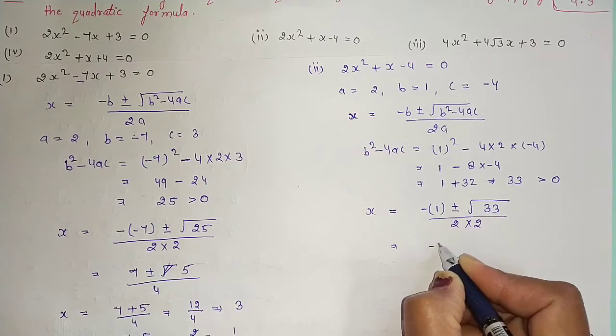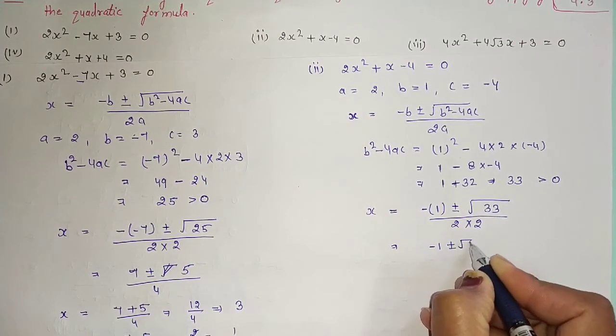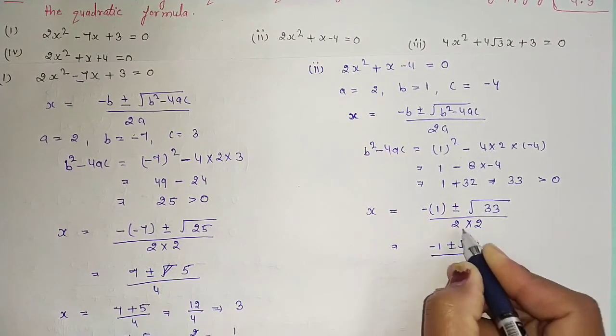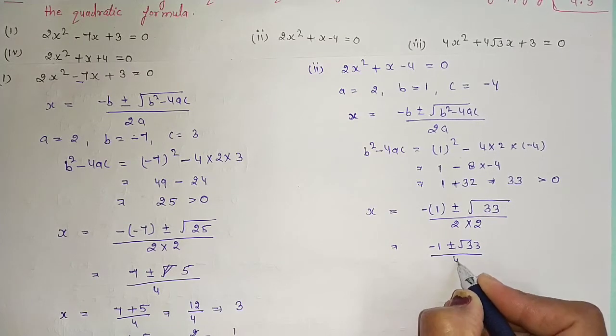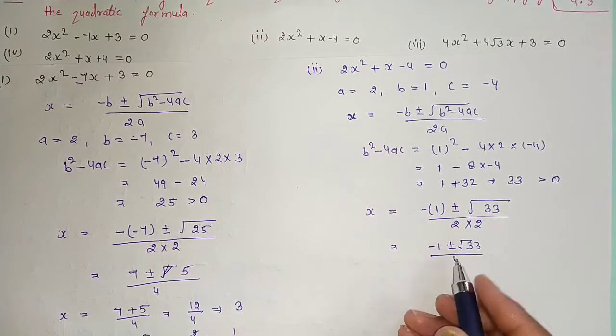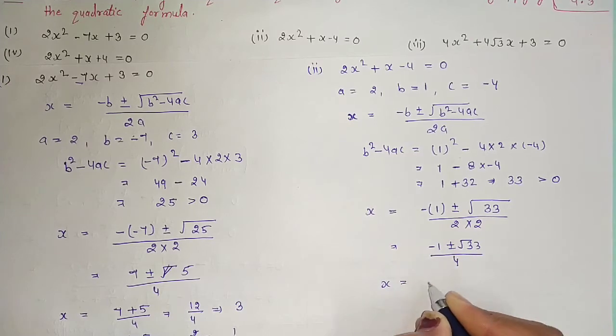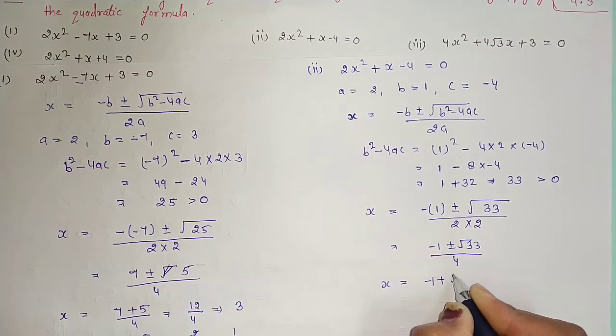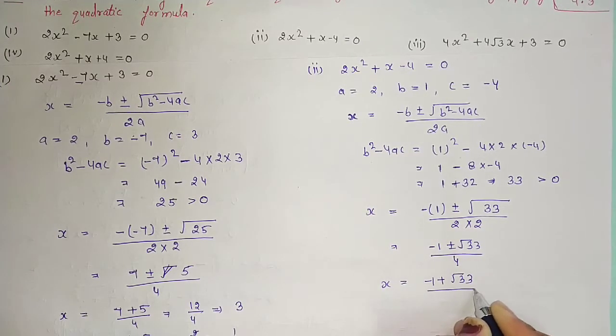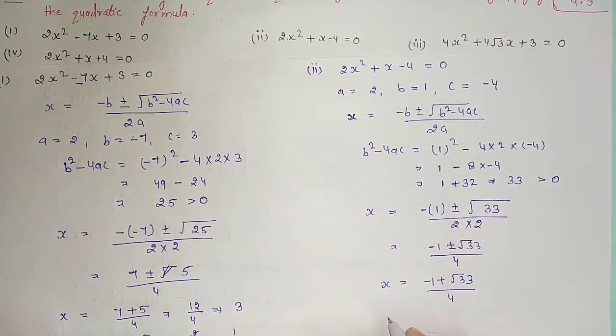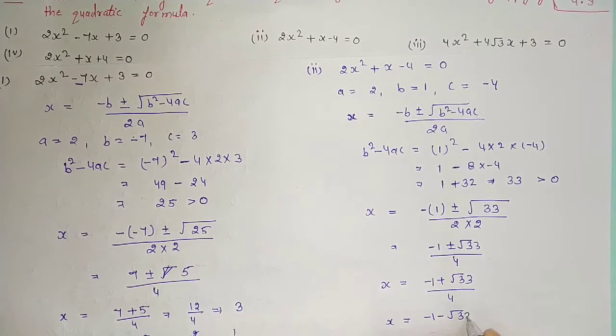Therefore, x equal to minus 1 plus minus root 33, 2 multiplied by 2 is 4. By taking the positive sign, x equal to minus 1 plus root 33 upon 4, and by taking the negative sign, x equal to minus 1 minus root 33 upon 4.